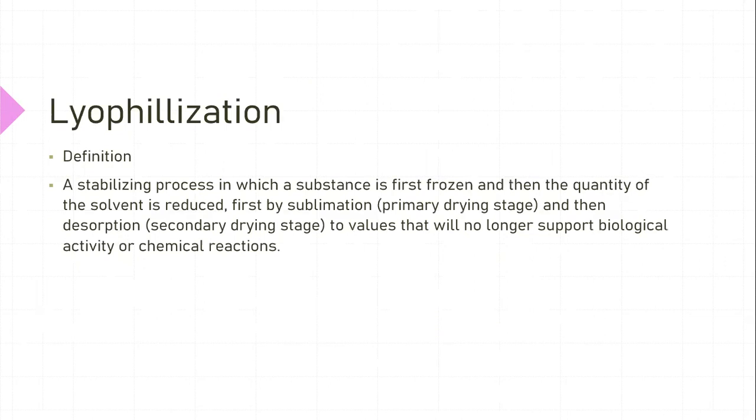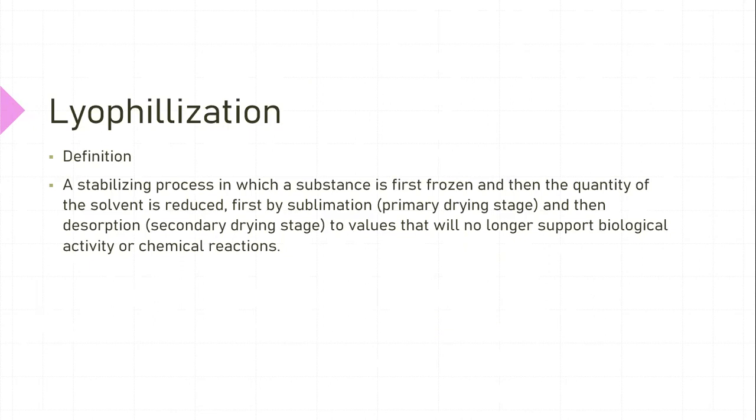Next process is the lyophilization process. This is a very important drying process, which is often used in the pharmaceutical industry for numerous preparations, and in pharmacognosy as well, because plant materials are usually dried through this process. Lyophilization, what is lyophilization?